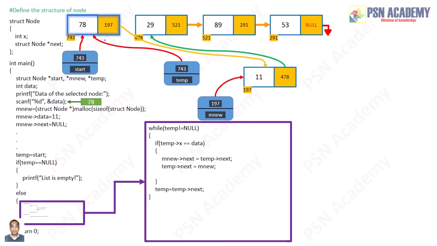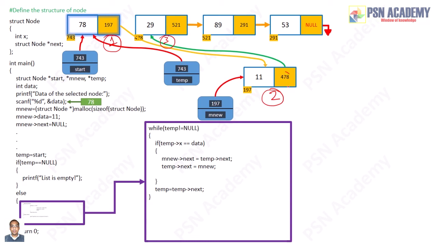So you see that this one is the first node. After this 197, you go here and you find the second node here, and after the second node you find 478. That means you go to this position, then this becomes a third node. So this one has become the first node, this one is the second node, and this one is the third node.